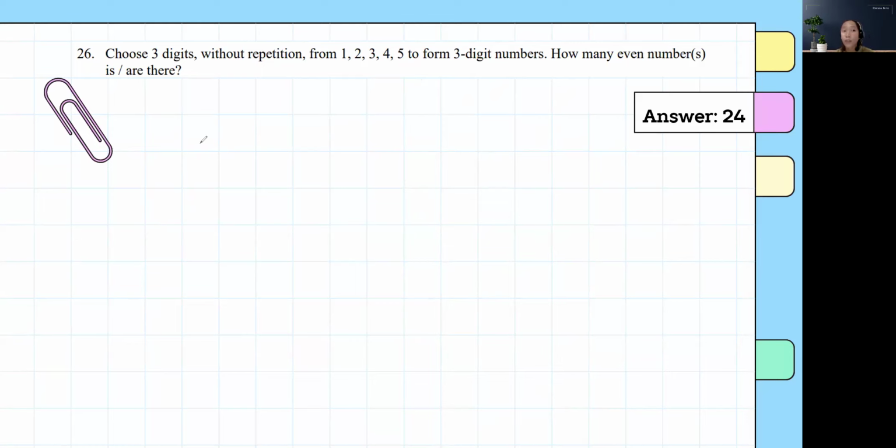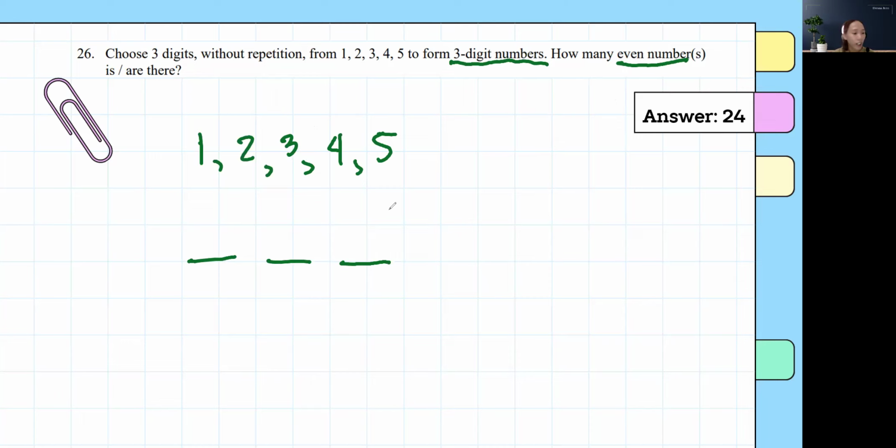So that's it for that. So we have 1, 2, 3, 4, 5. Let's try to form even numbers. To form three-digit numbers that are even, let's put 1, 2, 3. We have three blanks because it's a three-digit number.